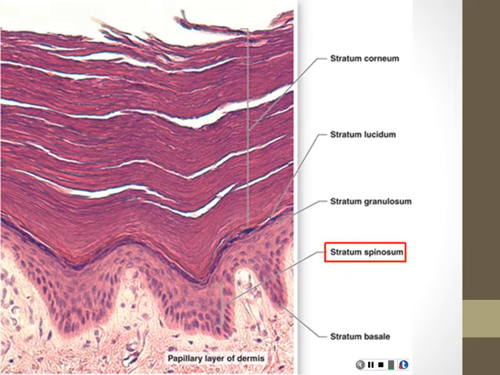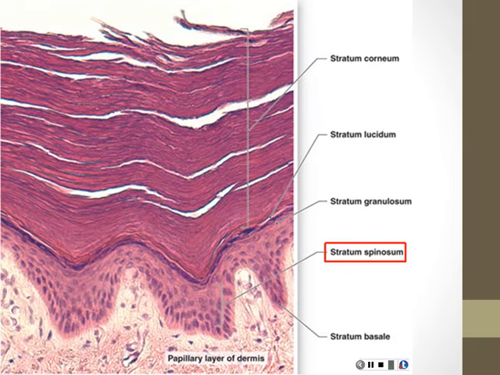The only places that are covered with thick skin are the walking surfaces, so the palms of the hands and the soles of the feet. In thick skin, we have five layers: 1, 2, 3, 4, 5. In thin skin, we don't have this one, so we only have four layers.